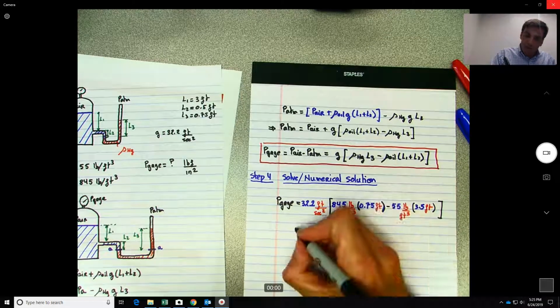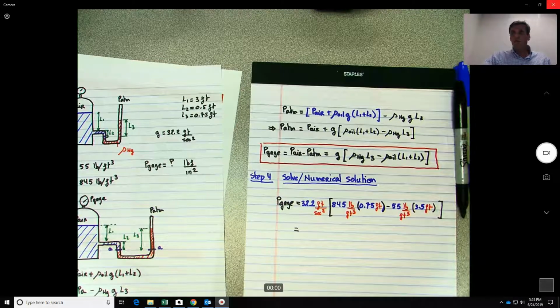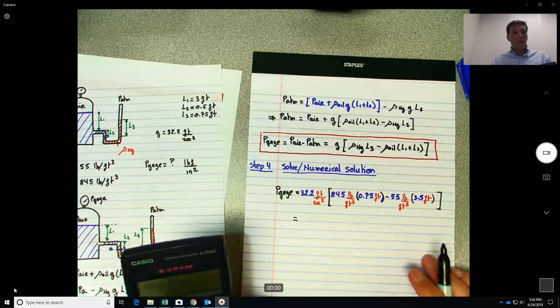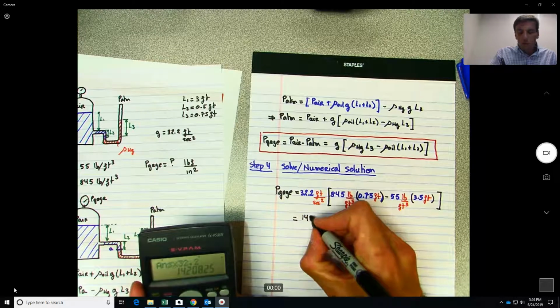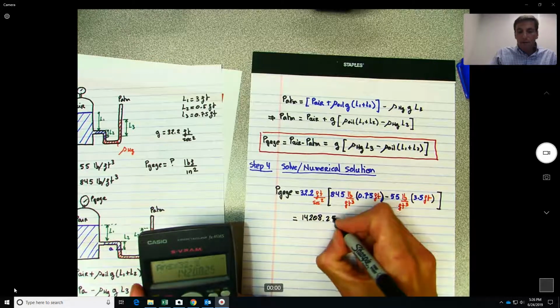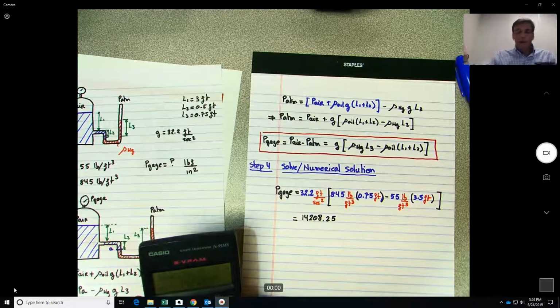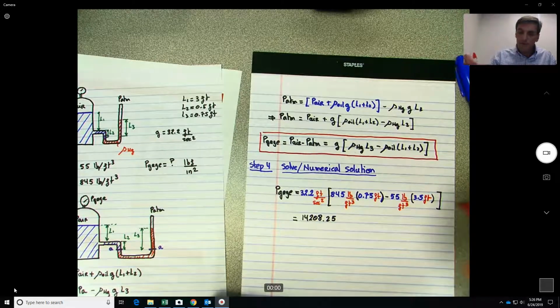Alright, so if we do this calculation, I'm going to stop the video for a second to do the calculation. So I'm looking here at the result of my calculator that will give you 14208.25. And what would be the units?